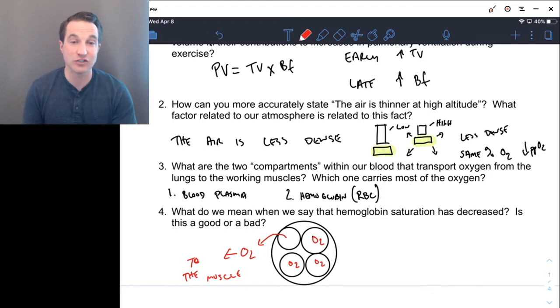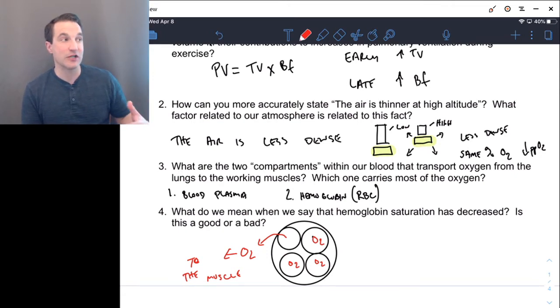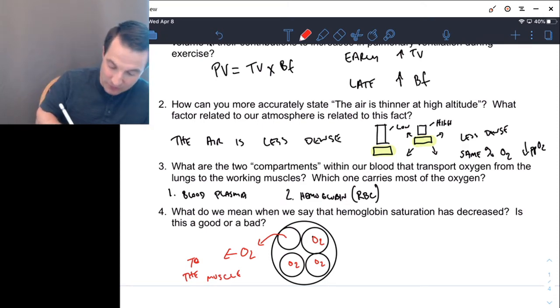Their oxygen saturation is going down in their arteries, which is really bad. That's before it gets to the muscles. So if you have low saturation moving away from your lungs and away from your heart, that would be really, really bad. However, if you have low saturation at the muscles, that's a good thing because what that's saying is your muscles are extracting a lot of that oxygen off. So the answer to the second part of that, is this a good or bad thing? It depends on the location.